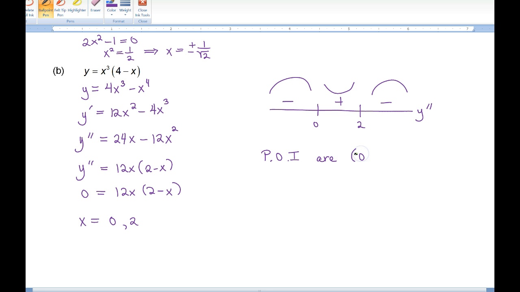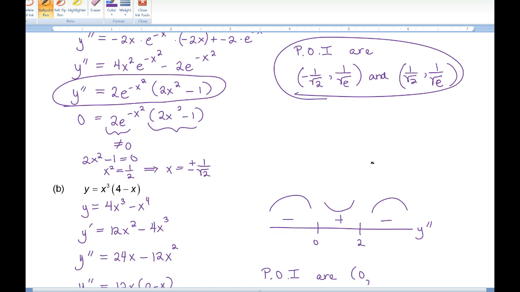Well, if I plug in 0, remember to get this y coordinate, I may not have been very clear on the last one. In order to get the y coordinates for my points of inflection, just keep in mind that you're going to plug the x value, which was positive and negative root 2, back into the original equation.